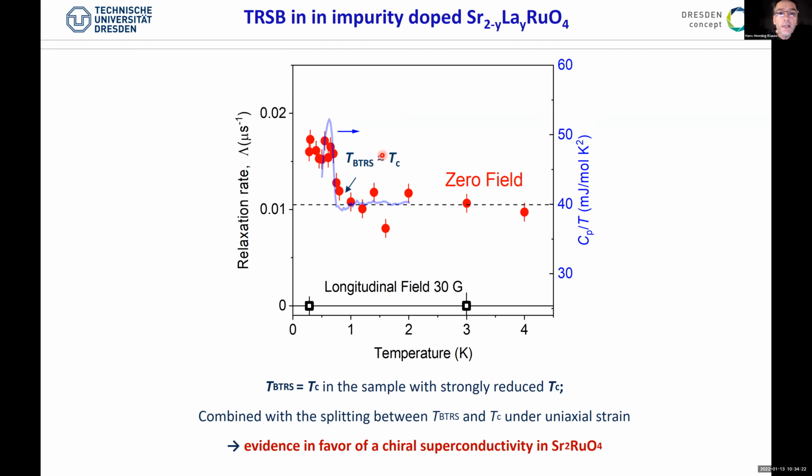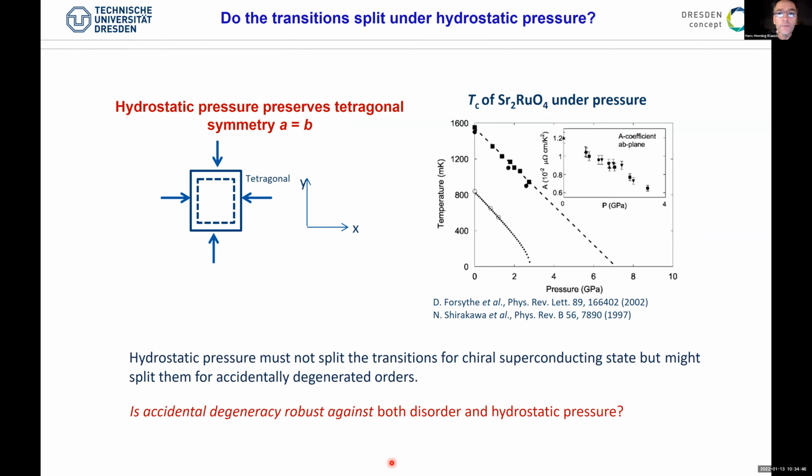And indeed, in this experiment, as you can see, the time reversal symmetry breaking temperature is also reduced. Here, again, the red points show the onset of time reversal symmetry breaking, in terms of the data quality at the same point where TC is. So clearly, this already favors a chiral superconductivity, because both points move together, but it's not a proof.